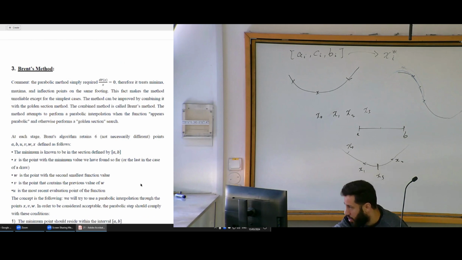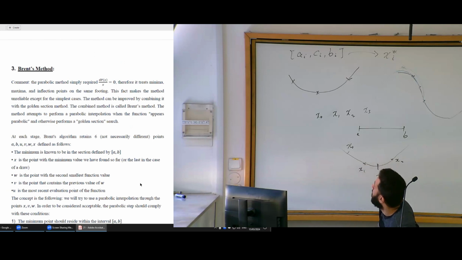We will not go into detail in Brent's method, but it says that in each iteration I will try to make the parabolic interpolation and find the xi star, but if the xi star is somehow outside the region itself, I will say that the parabolic interpolation fails, and I use the golden section method.